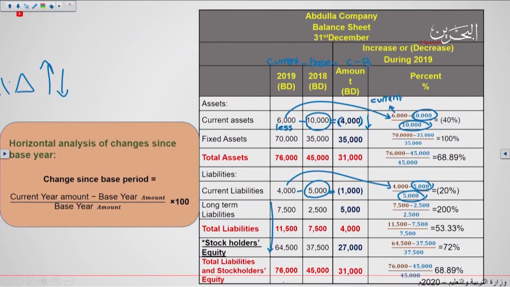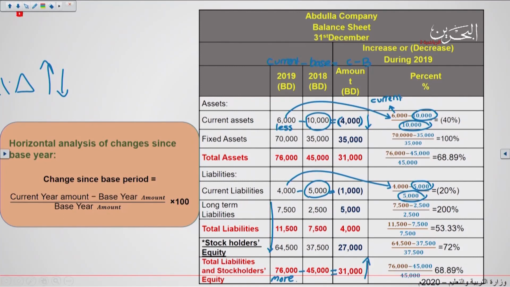Let's move to the total liability and stockholders' equity. We have 76,000 minus 45,000 equal to 31,000. This time it is plus, it's not minus. So the amount increased. Why increased? Because the current year is more than the base year.